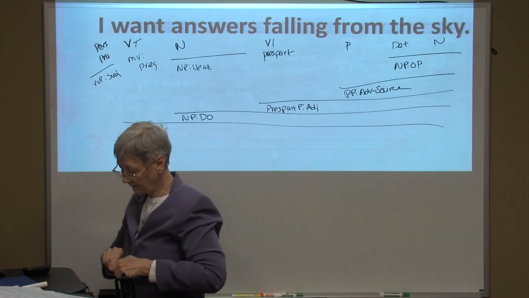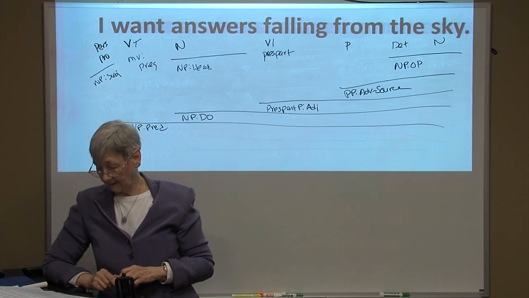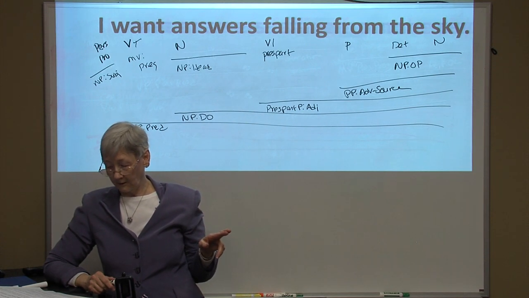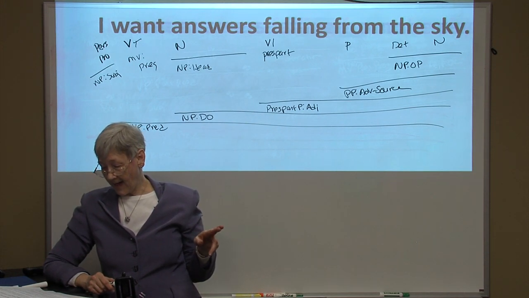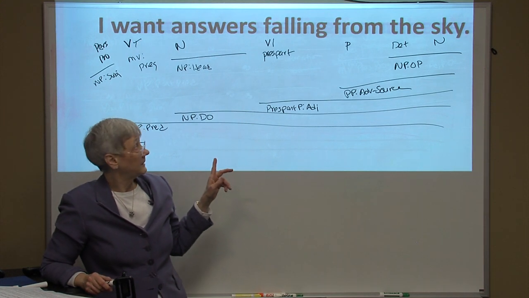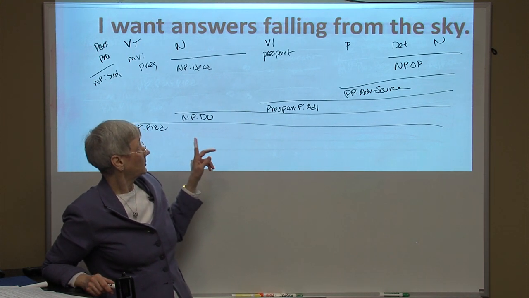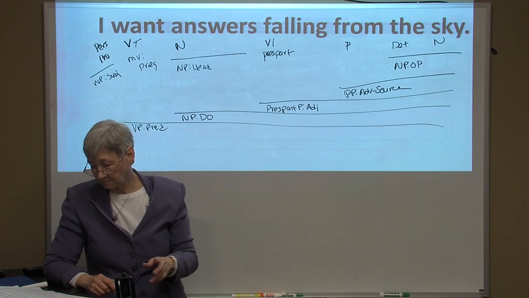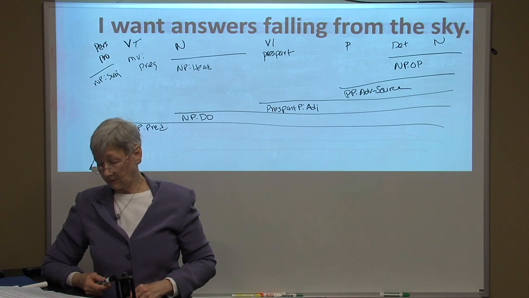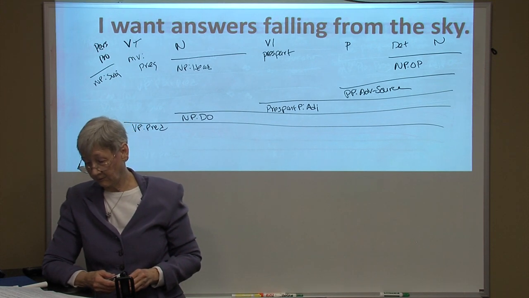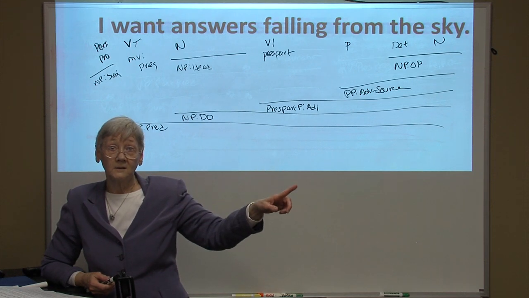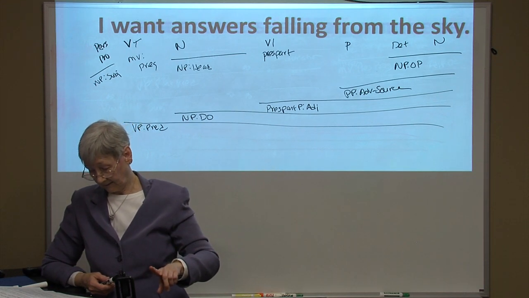The phrase falling from the sky is formed by deleting the relative pronoun and the be auxiliary from the relative clause that are falling from the sky. So this sentence is derived from the sentence, I want answers that are falling from the sky. Since the relative clause served as an adjective, so does the present participle clause formed from it. Remember, the way it was is the way it is.